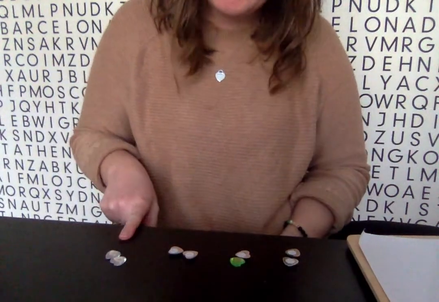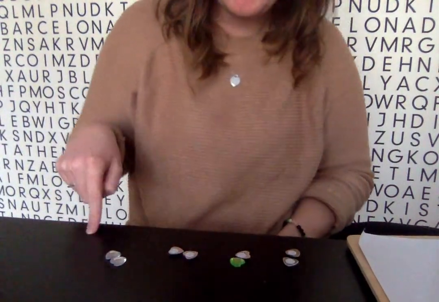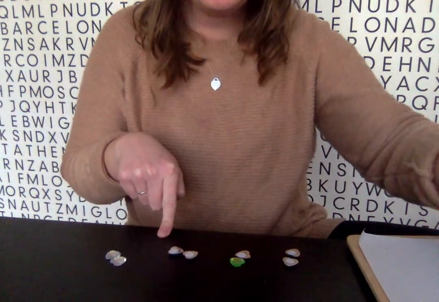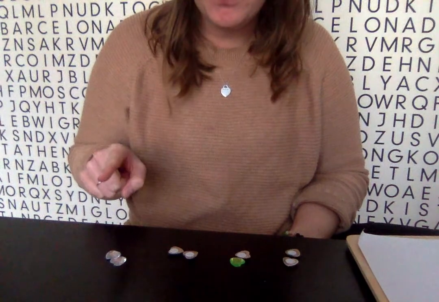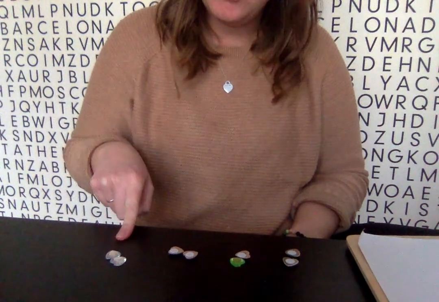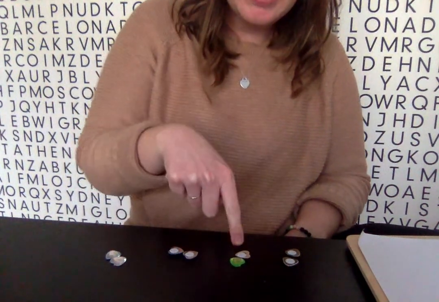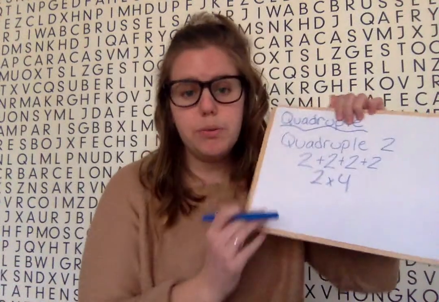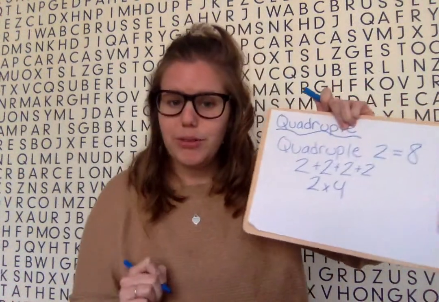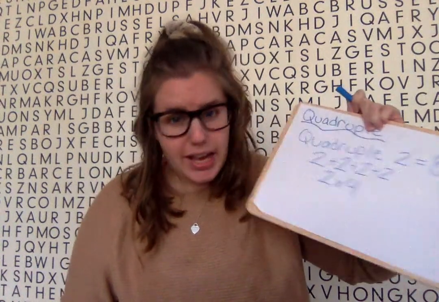So here we can see we have 4 groups and 2 in each group. Let's count to see what quadruple 2 can be. Ready? 2, 4, 6, 8. Very good. The answer to quadruple 2 is 8.